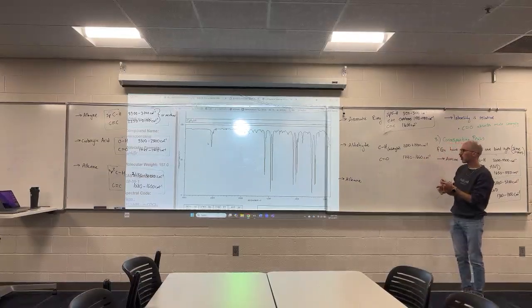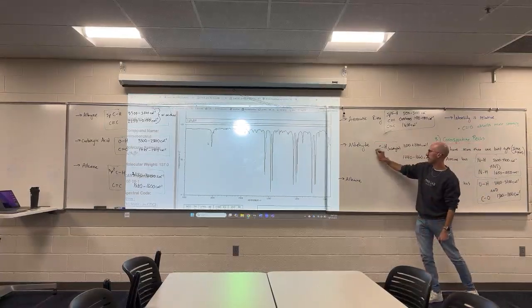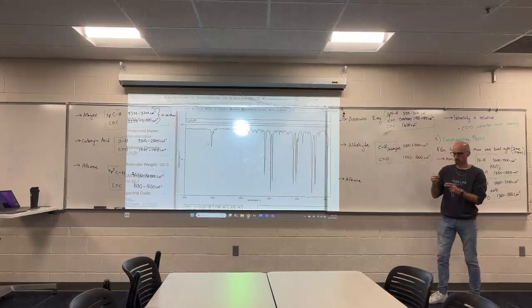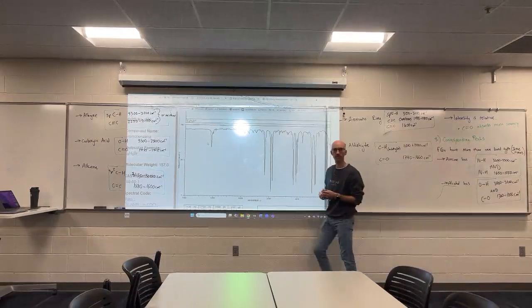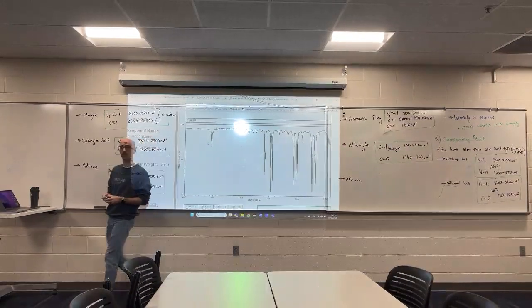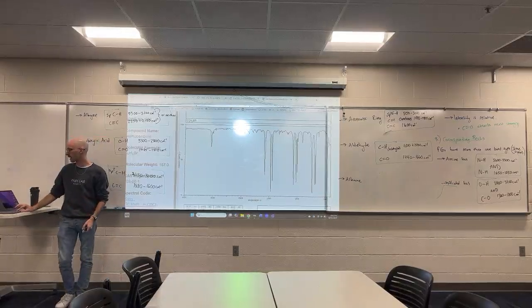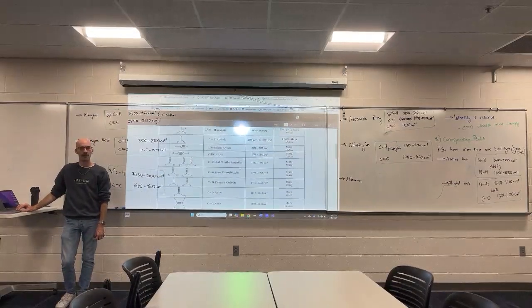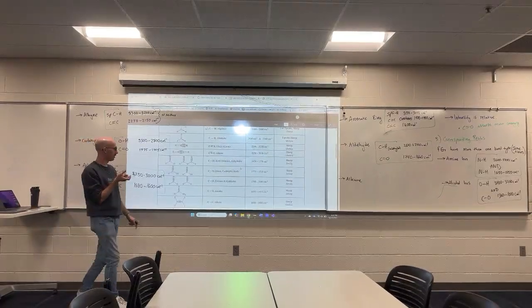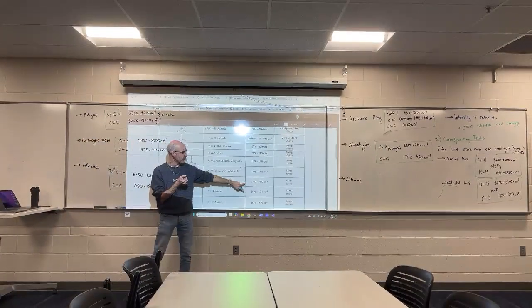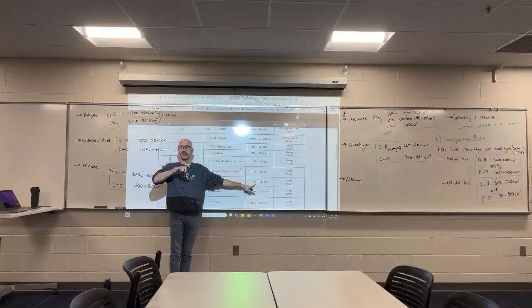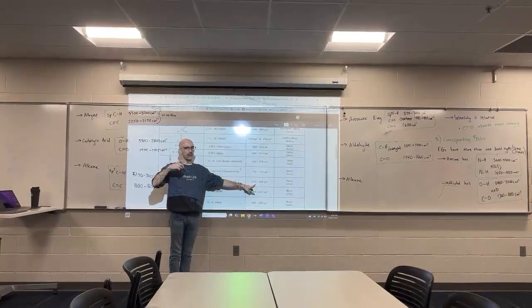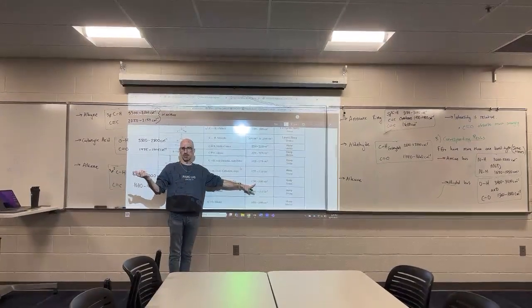What other CO double bond shares that range? According to your correlation table, what other CO double bond shares that range? The ketone. So if I see a signal in this range, I wouldn't know if it's the CO double bond of an aldehyde or the CO double bond of a ketone.